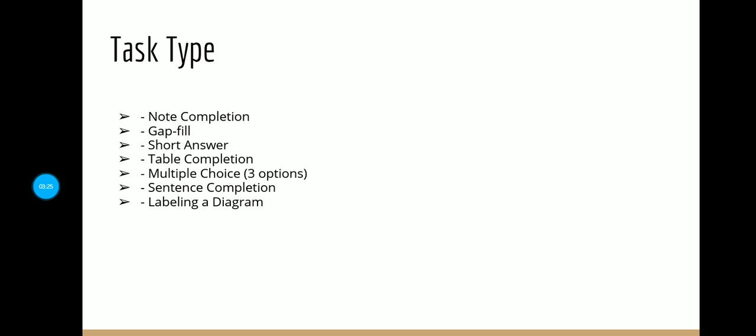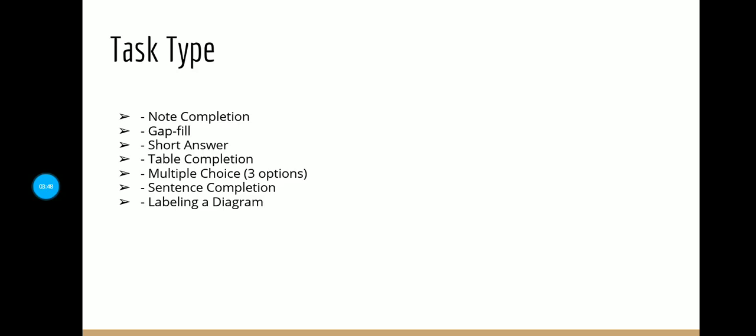For example, the question would specify that you have to answer in 2 words, in numbers, or in 3 words. So all you have to do is stick to that word count and answer accordingly.